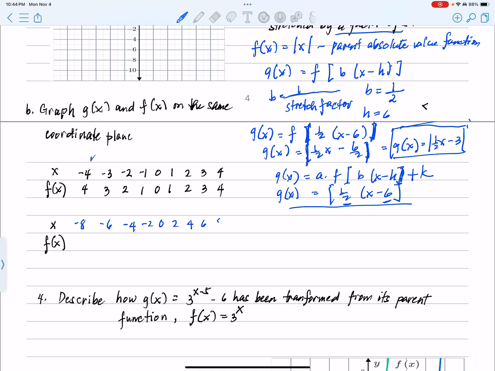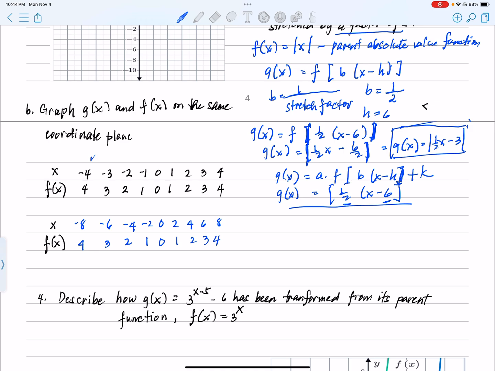So this is the output. It's still 4, 3, 2, 1, 0, 1, 2, 3, 4. What I did is just I doubled the x value, and let's see what's going to happen.